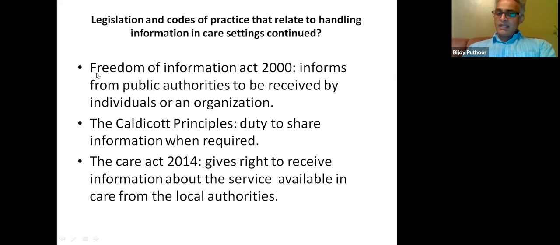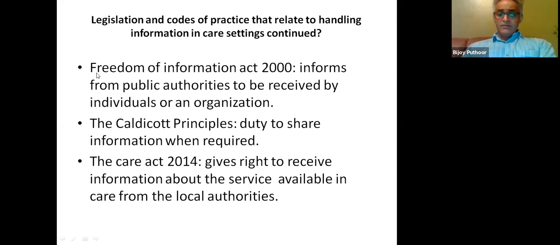To do that, they have to share information, and when they do, they have to get agreement from the person. But she gave a lot of emphasis to the duty to share information when required being equally important as keeping things in confidence.